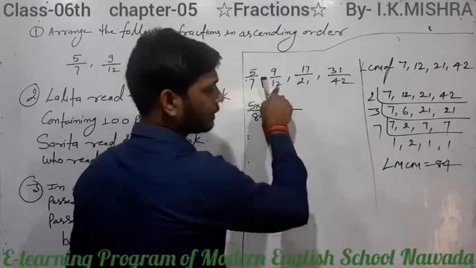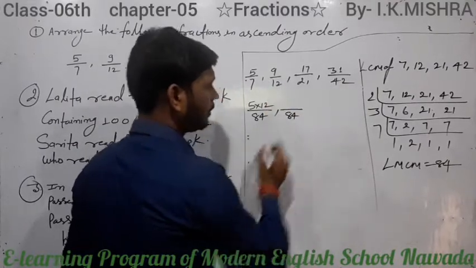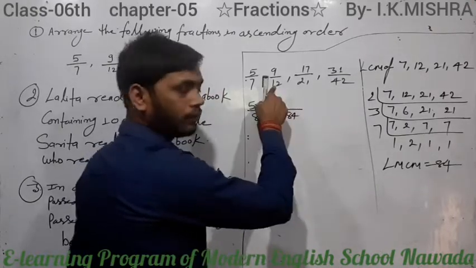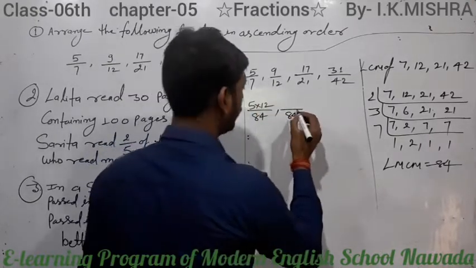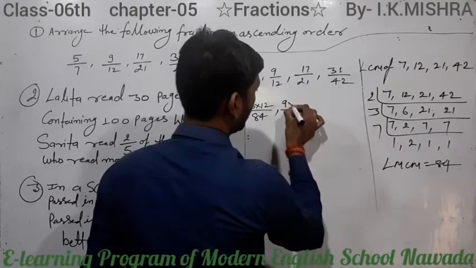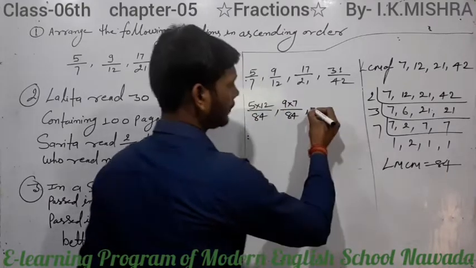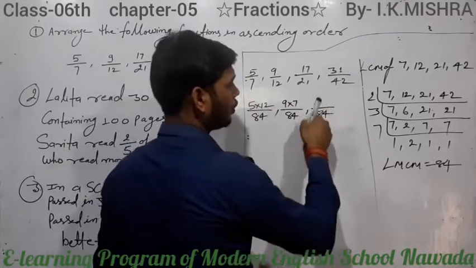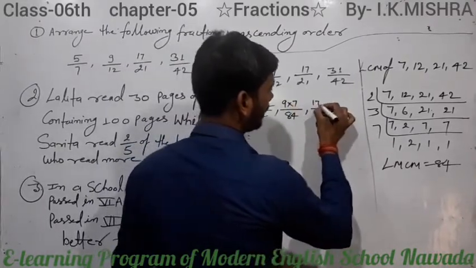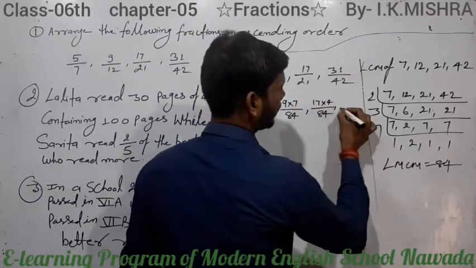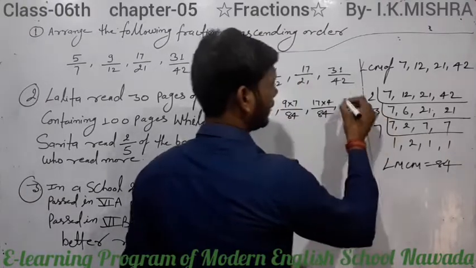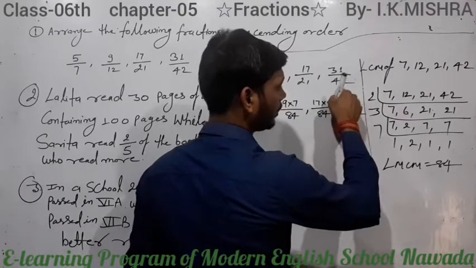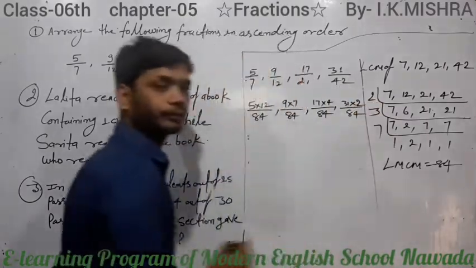Again write the LCM 84. When you divide 84 by 12, you will get 7, so 9 into 7. Then 84, and you divide 84 by 21, that means 17 into 4. After that 84, and 31 into, when you divide 84 by 42, 2 times.